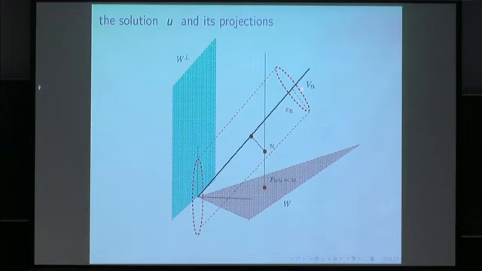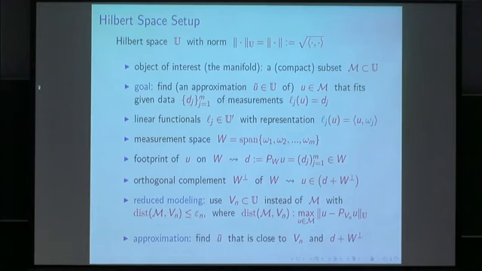By the way, from here you can probably see that the intersection of this D plus W perp and the cylinder would be an ellipsoid. Actually, this is an ellipsoidal hypercylinder, but you can probably imagine what that is.